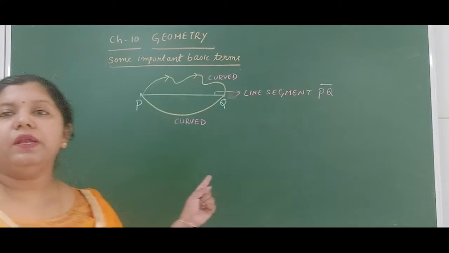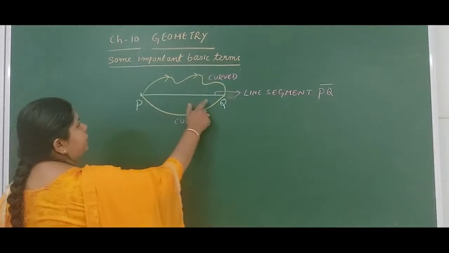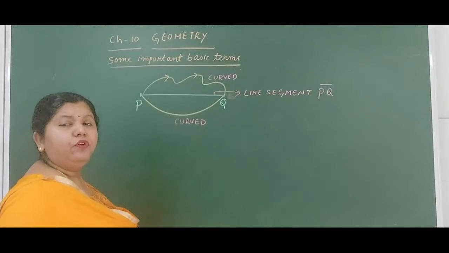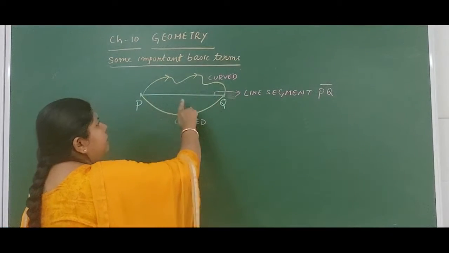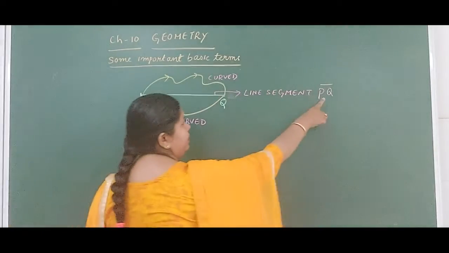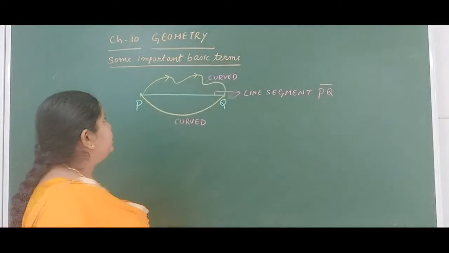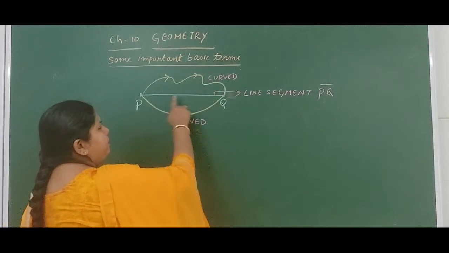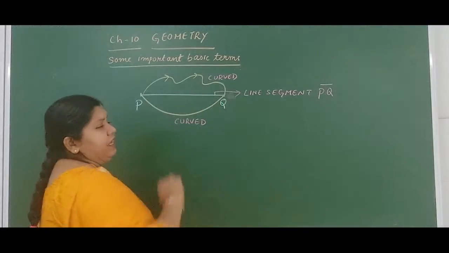Now look at this particular figure. There are two fixed points, P and Q, and from these fixed points a straight line is made. This straight line is the line segment and we name it PQ with a bar above it. Now from the same P and Q you can also draw curved lines.